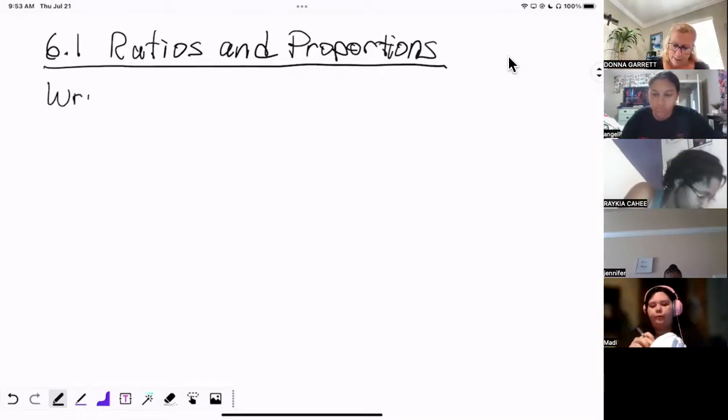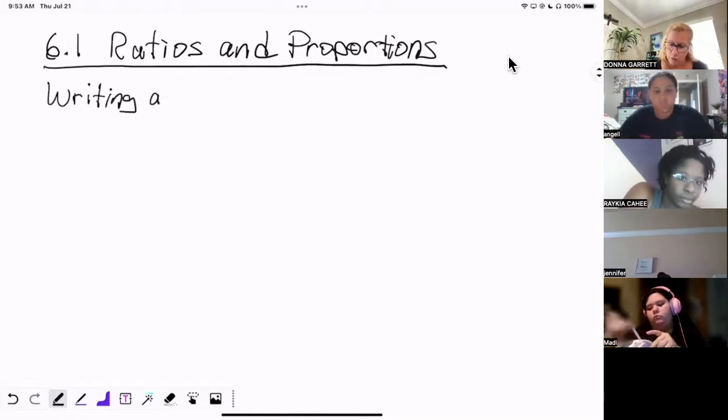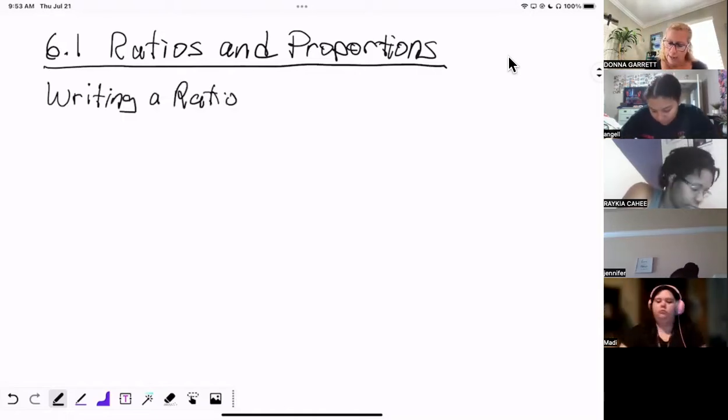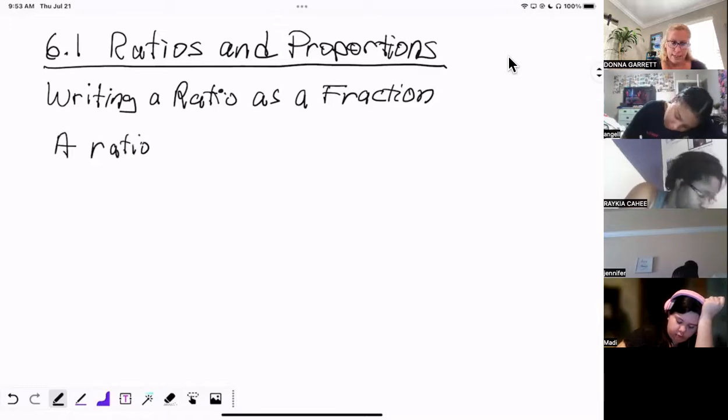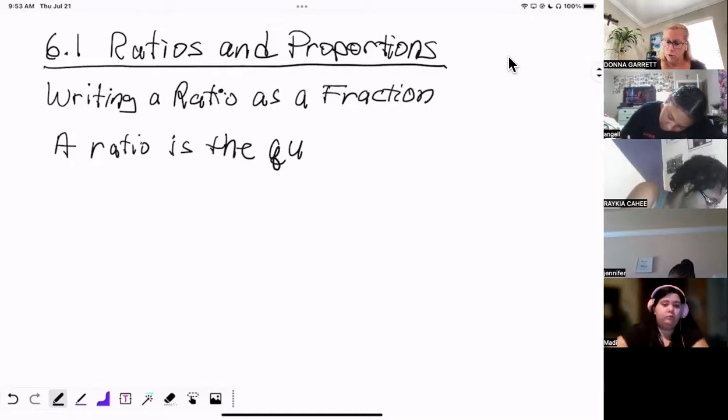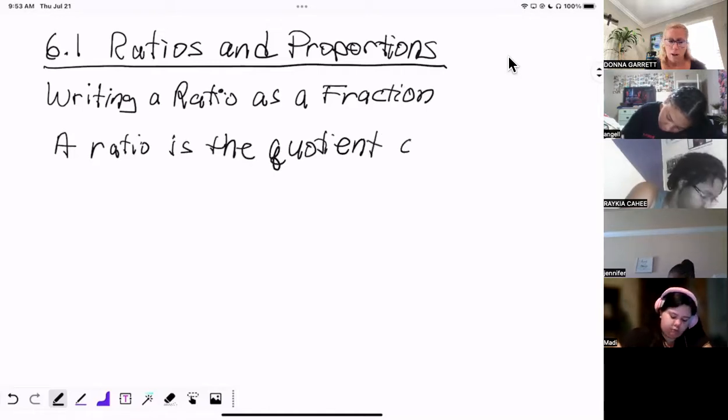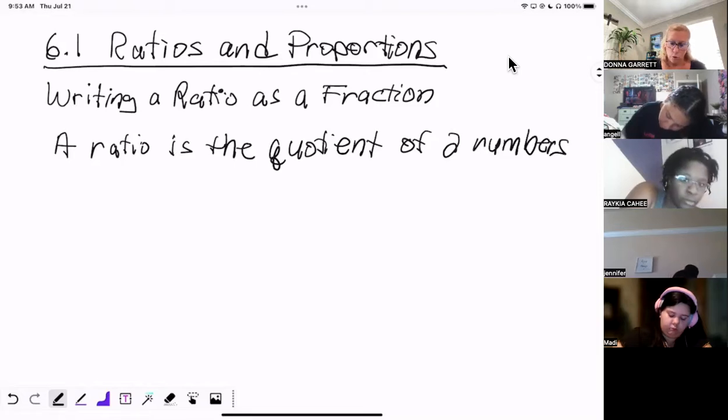Okay, writing, by the way, a ratio is like a fraction. So, writing a ratio as a fraction. I'm sure as soon as I write this, you're going to remember these if you haven't already. First, a ratio is a quotient that you're dividing, a quotient of two numbers or quantities.